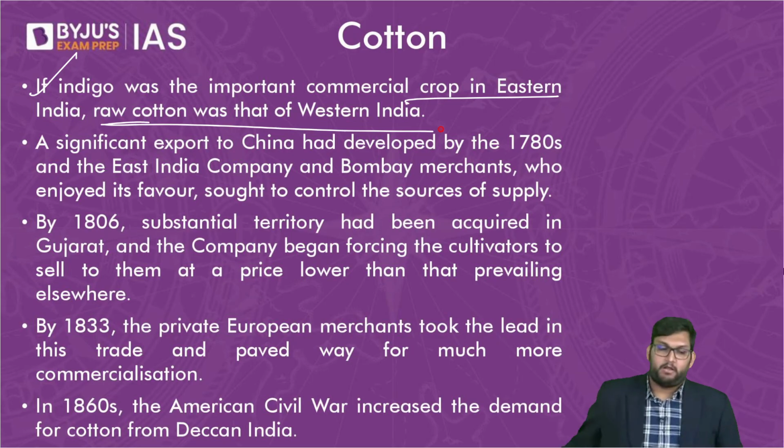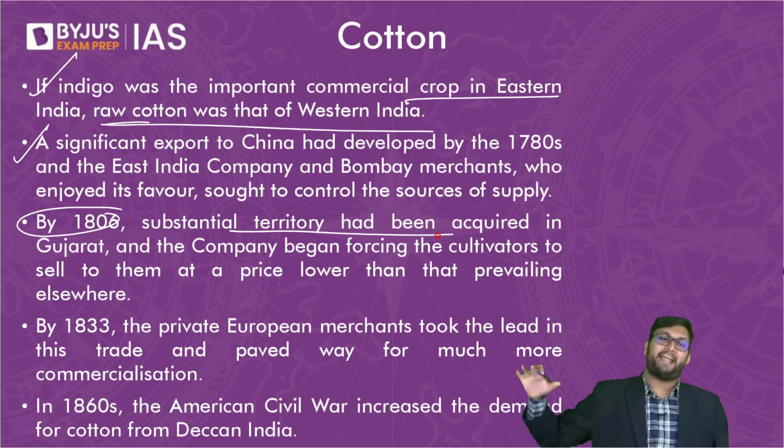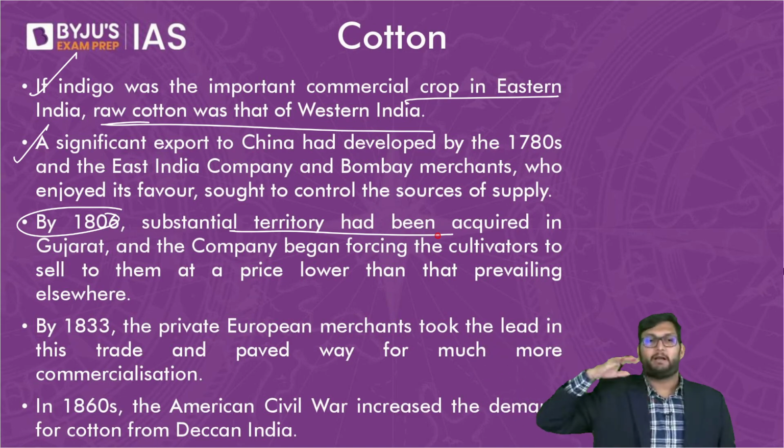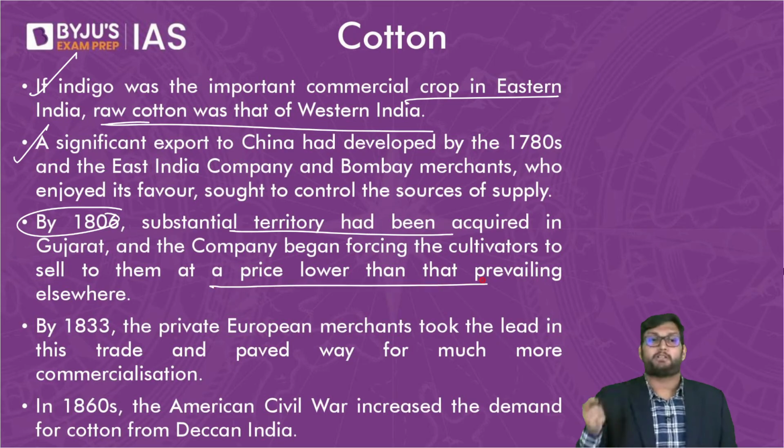Now, a significant export to China had developed by the 1780s itself, and the East India Company and the Bombay merchants now wanted to increase the supply of cotton. So by 1806, in more or less substantial territory in Gujarat, the company started to force the cultivators to produce cotton and sell it at a price lower than the prevailing price itself.